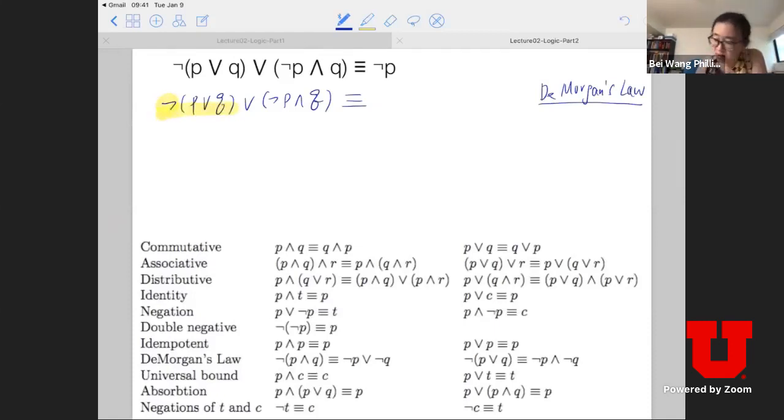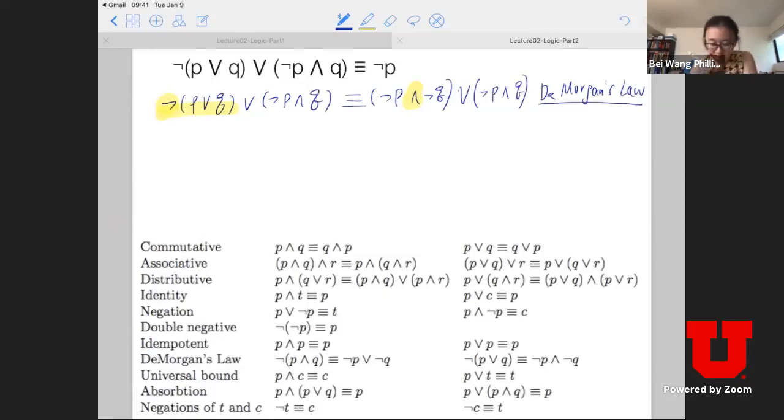If I bring the negation inside, I will get not P and not Q. Again, remember, it's very important to pay attention that the arrows switch direction. Now I have not P and not Q, or not P and Q.